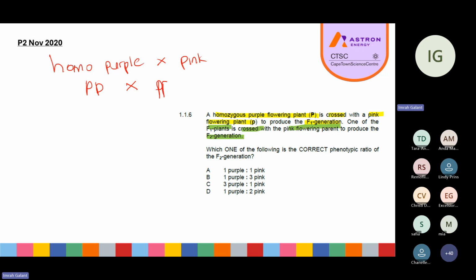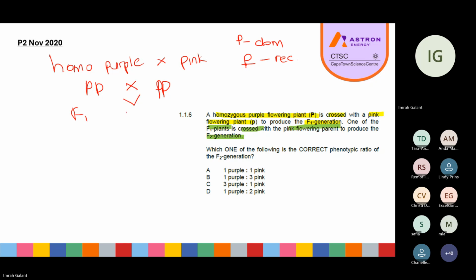We can deduce from the question that pink is the recessive allele and purple is the dominant allele. So capital P is dominant, and small p is the recessive allele.